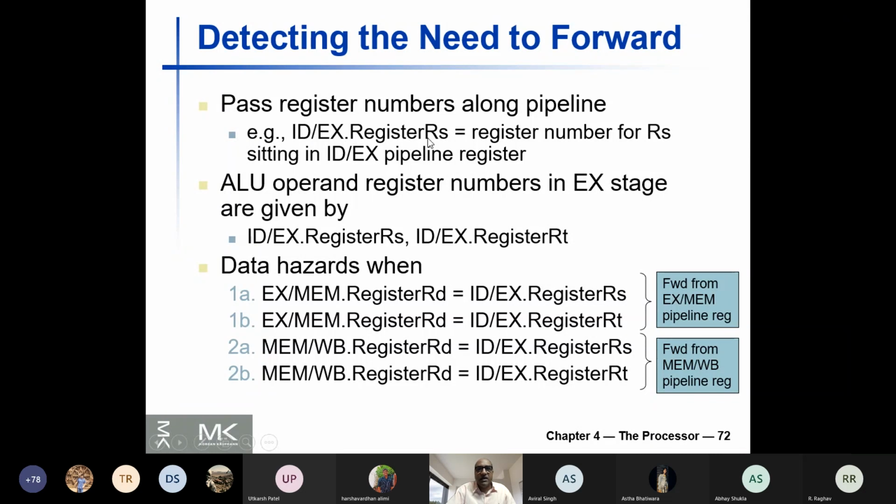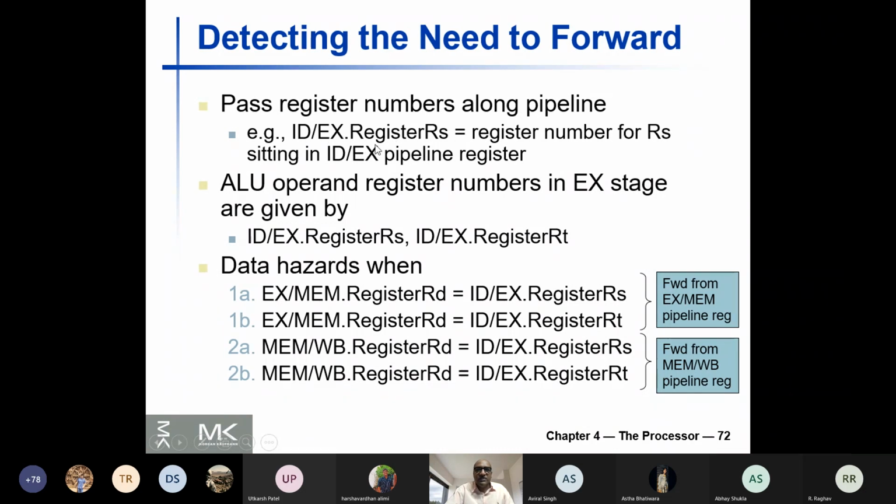These can be available from the pipeline register ID/EX, because it is on the border between instruction decoding and execution. In that register, the required register values, that is, the contents of the registers, are available.